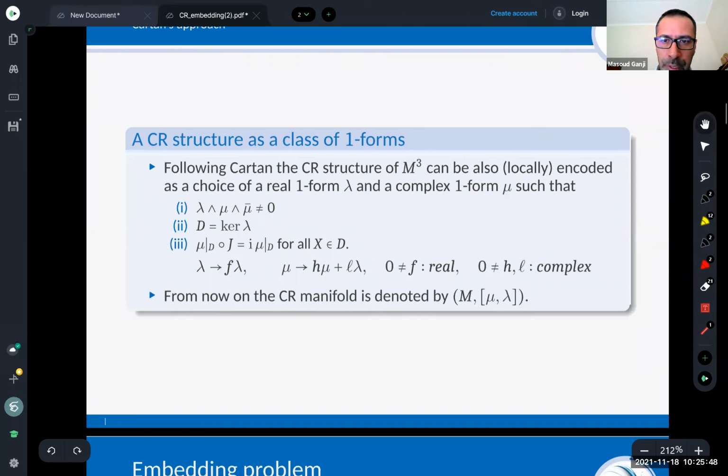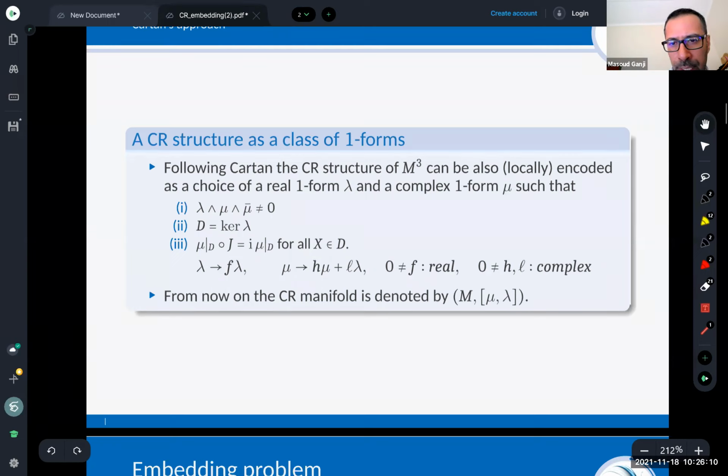And we also have this relation here. If you shift from lambda to F lambda, where F is real, and mu to H mu plus L lambda, where H and L are complex and H can't be zero, we actually have a class of one forms.